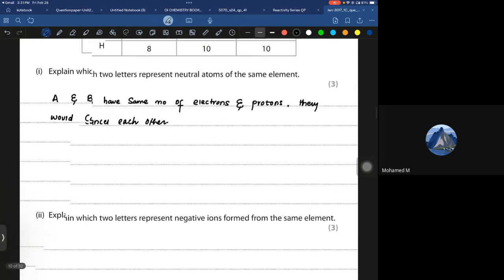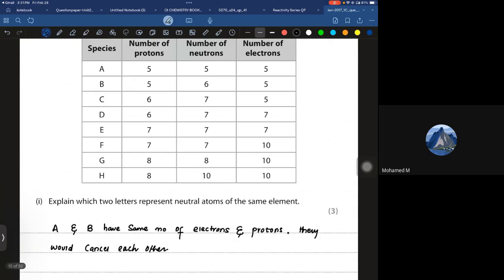Obviously, if you can see G and H, they have more electrons than protons. So ultimately, they would be forming negative ions as they have more electrons than protons.